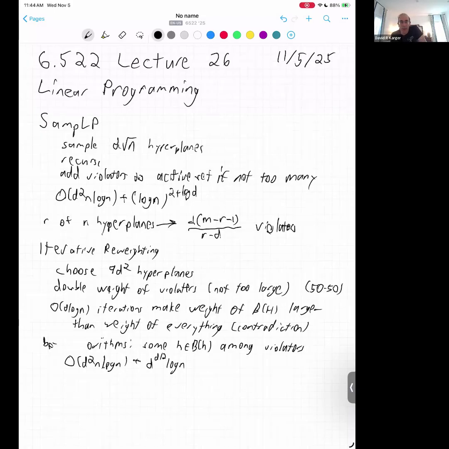Notice that this algorithm is not really recursive because you immediately sample such a tiny number of hyperplanes that you're going to solve the problem basically by brute force. That's the d to the d over 2 runtime. So again, for constant d, this is order n log n. So it's as fast as convex hull. It's a very simple algorithm. How could we possibly do better?